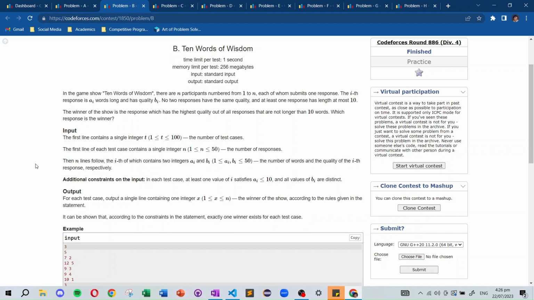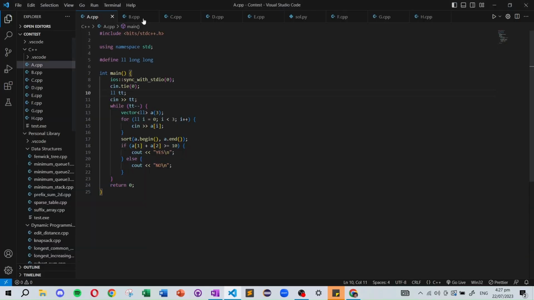Then I sorted it, and we go from left to right and find the first instance such that the response length is at most 10, and that will be the answer because I sorted it in non-decreasing order. That's exactly what I did.